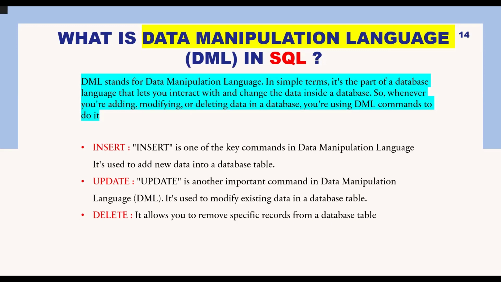Whereas the truncate command removes all the rows at a single point of time. That means it totally changes the structure of a database, so that falls under DDL, whereas the delete command falls under DML, because in delete you are deleting one row at a single point of time.